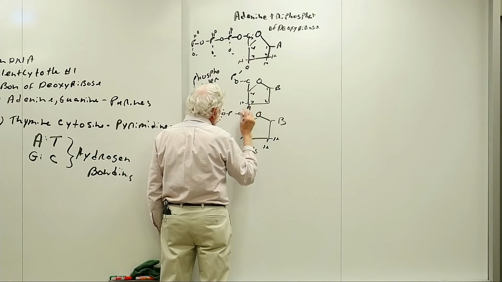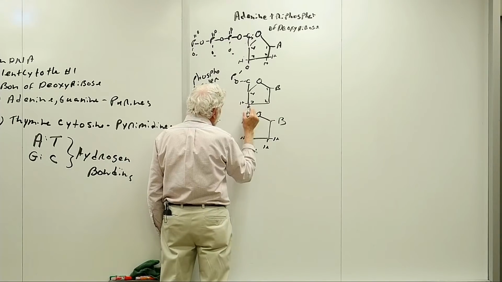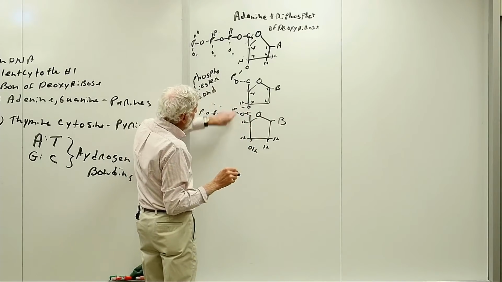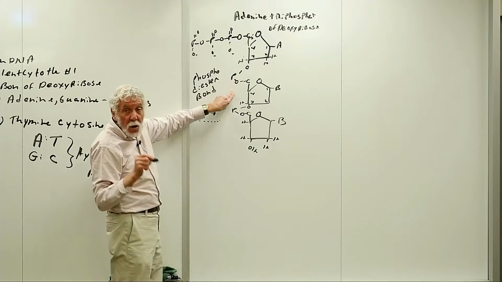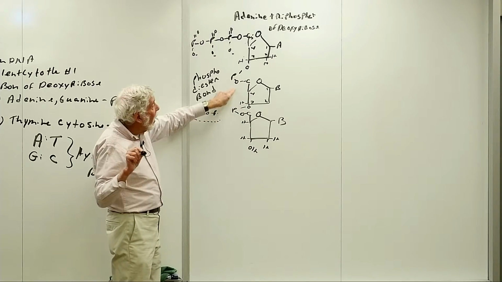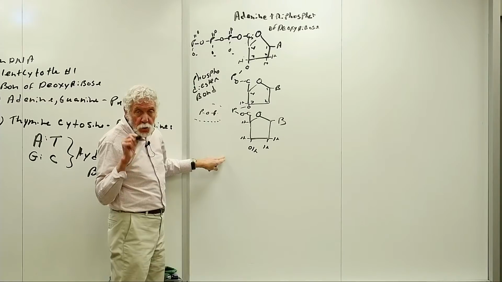We have an oxygen to a phosphorus to an oxygen bond. So again, this is the phosphodiester linkage. We're repeating the pattern over and over again. We're making a polymer of these deoxyribose sugars.